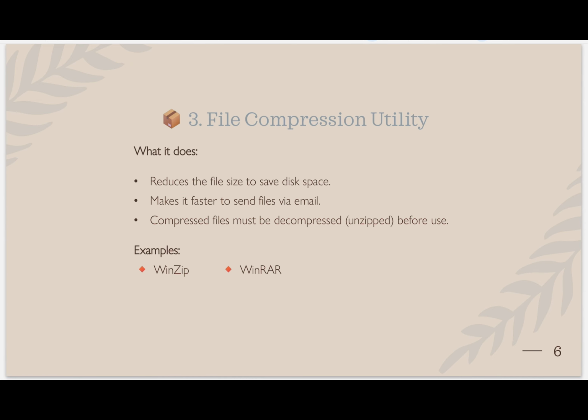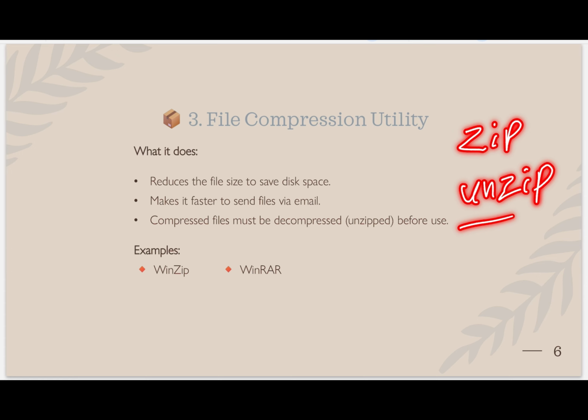So we will compress all the photos and send a single compressed file. A compressed file must be decompressed, meaning unzipped, before use. Many people say compress and decompress, but basically we use zip and unzip.